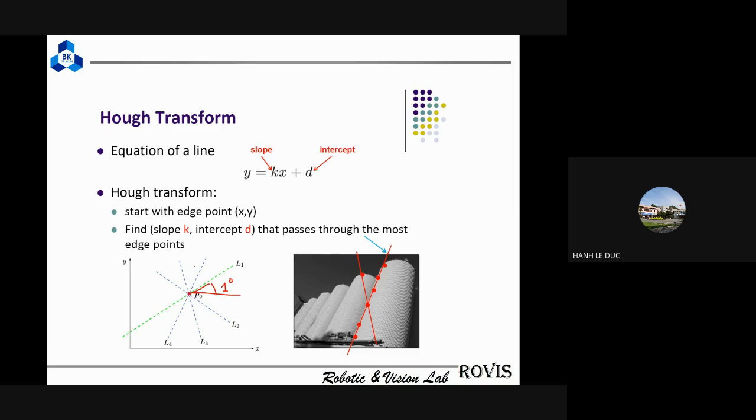That means I will have 360 lines going through this point. For example, I have another point P1 here and I do the same.